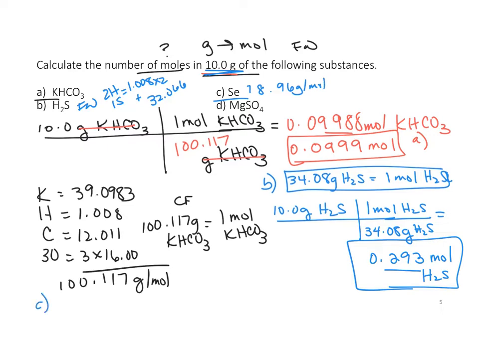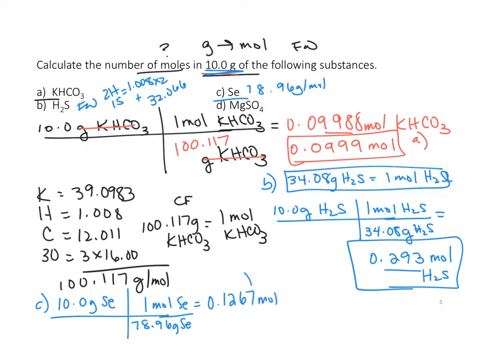So for C, you can just say 10 grams of selenium, and there are 78.96 grams of selenium in 1 mole of selenium. 10 divided by 78.96, 0.12, and now this is 67 mole, and the 7 is going to round the 6 up, so 0.127 mole of selenium is the correct answer.